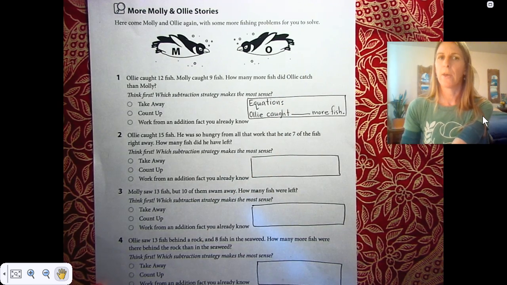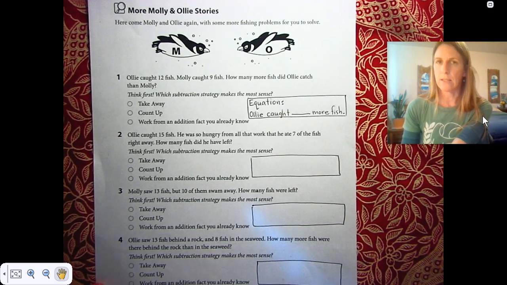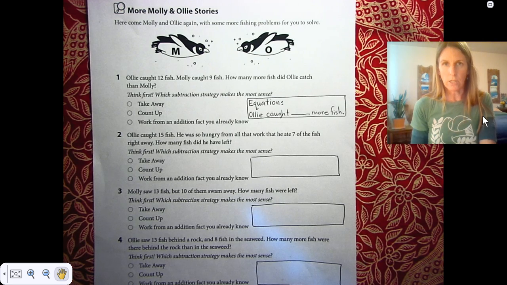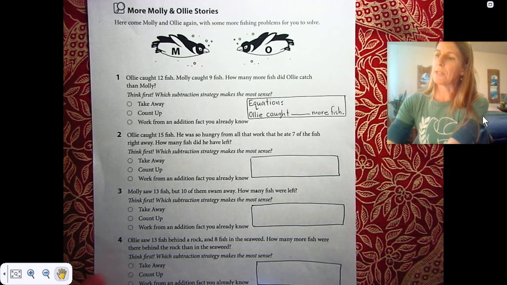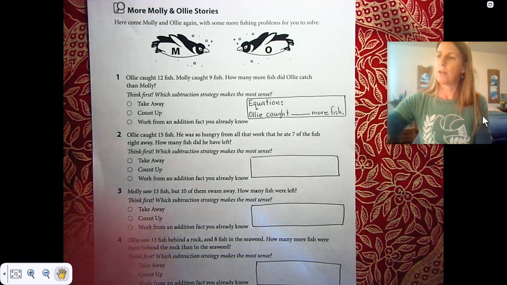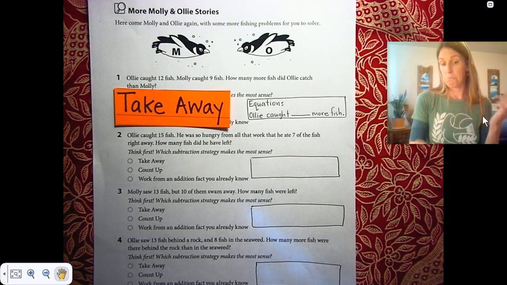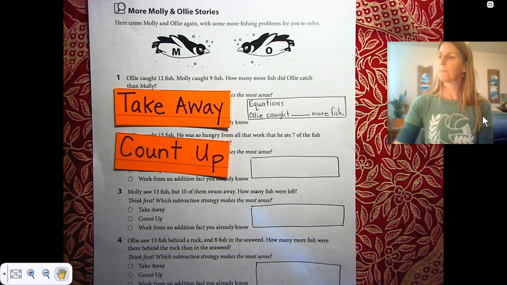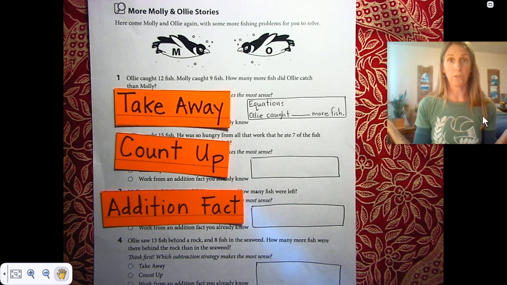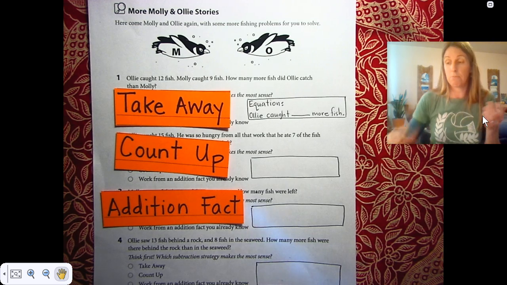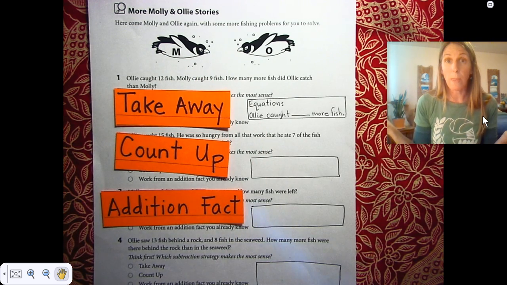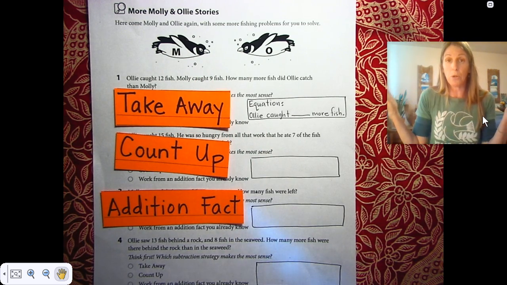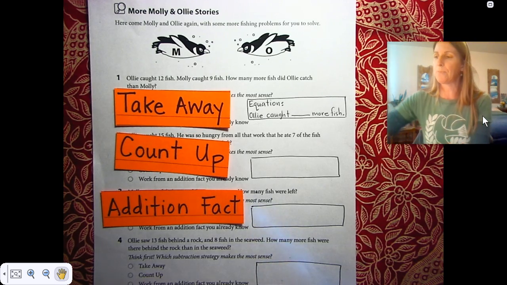And you have to decide what strategy works best for you to figure out these problems. Is it going to be the takeaway strategy, the counting up strategy, or the addition fact strategy? You decide. You might like one the best that you use all the time. Who knows? Maybe you want to try all 3 out.